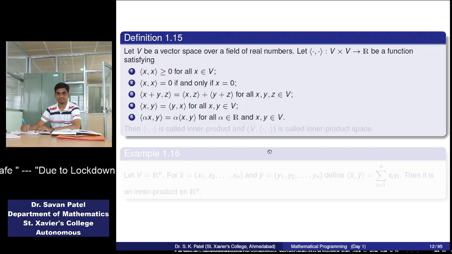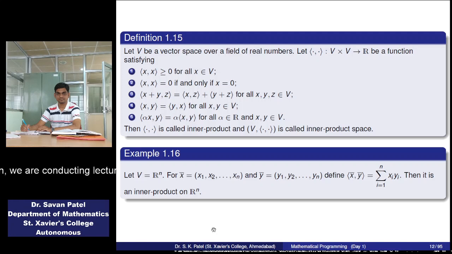That's why this alpha is from the real numbers. If a function with these 5 properties exists, then we say that function is an inner product and V with this is an inner product space.